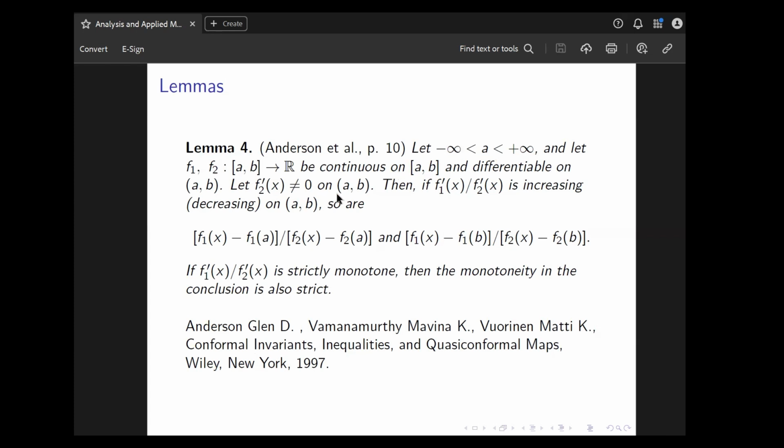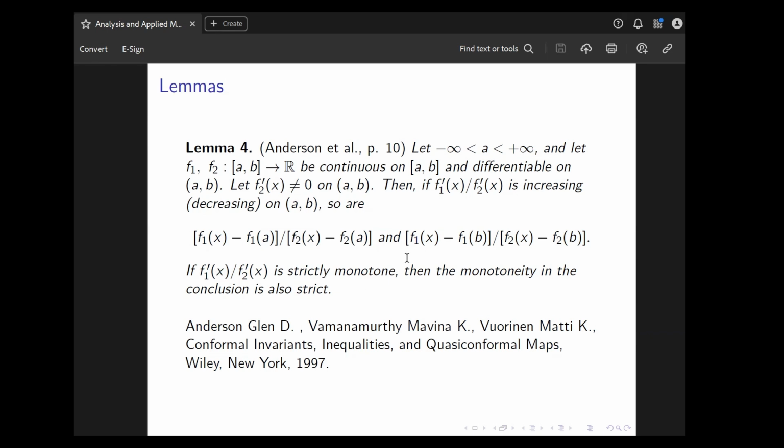It says that under the conditions that we already mentioned, if f1 prime divided by f2 prime is increasing on interval (a, b), so are these ratios. If this ratio f1 prime divided by f2 prime is strictly monotone, then the monotonicity in the conclusion is also strict.